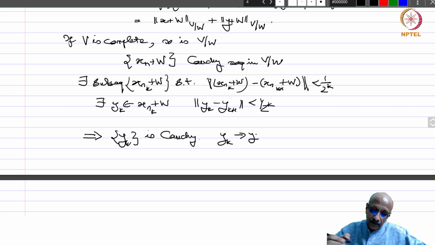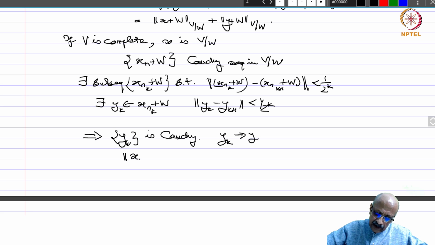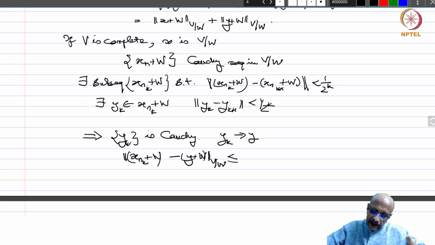And therefore you have, so now we have the norm of x_{n_k} plus w minus y plus w in V by W. This is less than or equal to the norm of y_k minus y, since y_k minus y is an element in each of these sets, and that goes to 0.